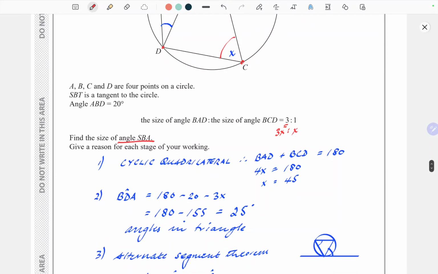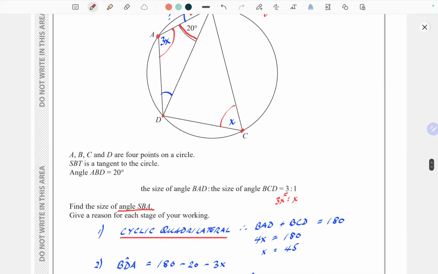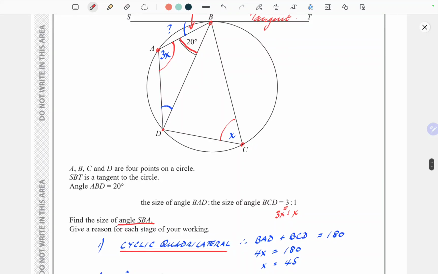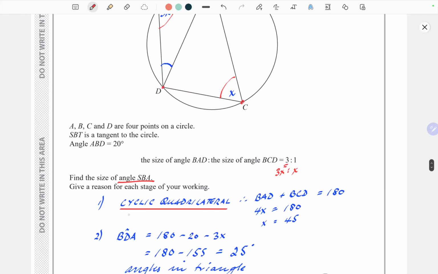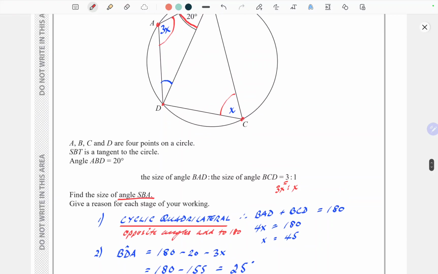So working our way through the diagram, first of all, we know it's a cyclic quadrilateral, all four corners, vertices of the quadrilateral rest on the circumference. So it's a cyclic quadrilateral, and the opposite angles add up to 180. So using that rule, we know that BAD plus BCD, which I've labeled as 3x and x, therefore 4x must equal 180.